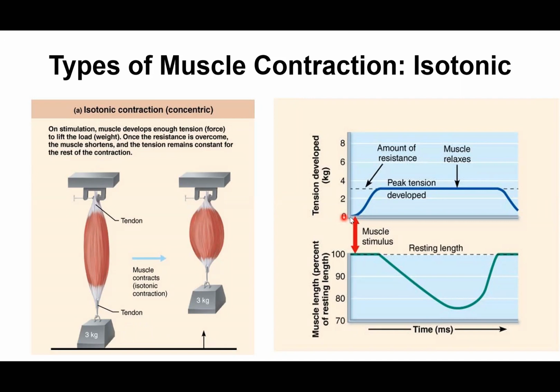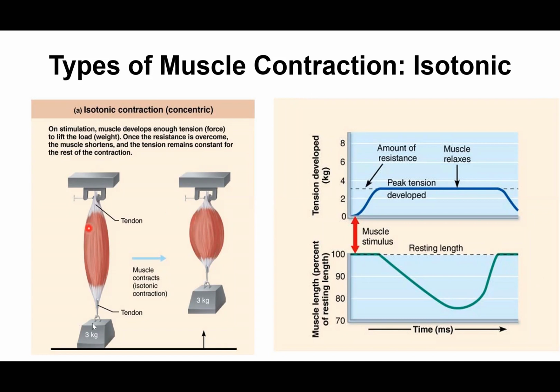So once we have reached our peak tension, then the tension in that muscle is going to stay the same. The bottom graph is showing you the length over time. Okay, so if we start out at 100% length, right?